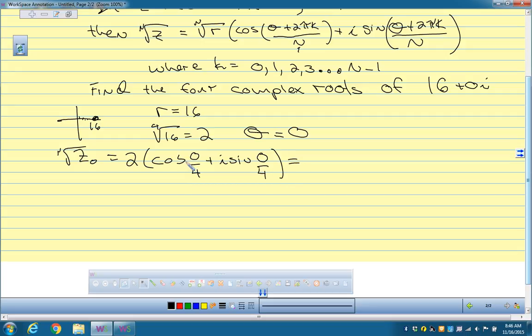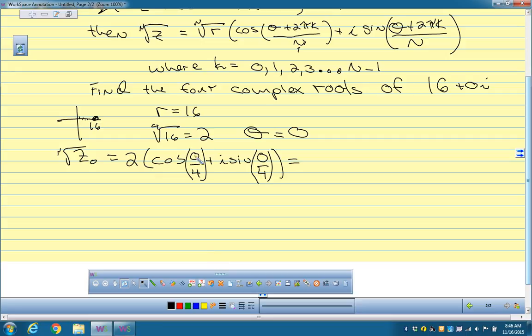And what's the cosine of 0? Is it cosine of 0 divided by 4, or the cosine of 0 and then divide that by 4?